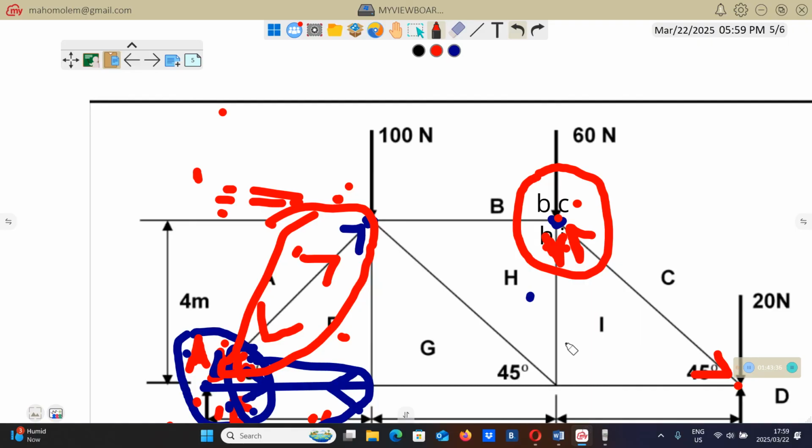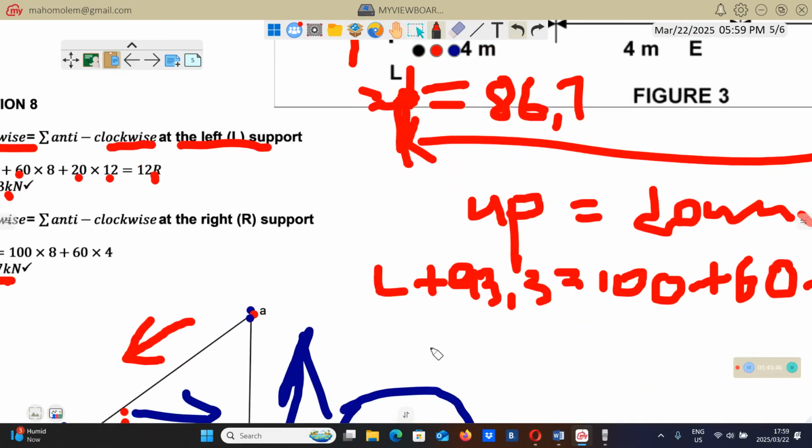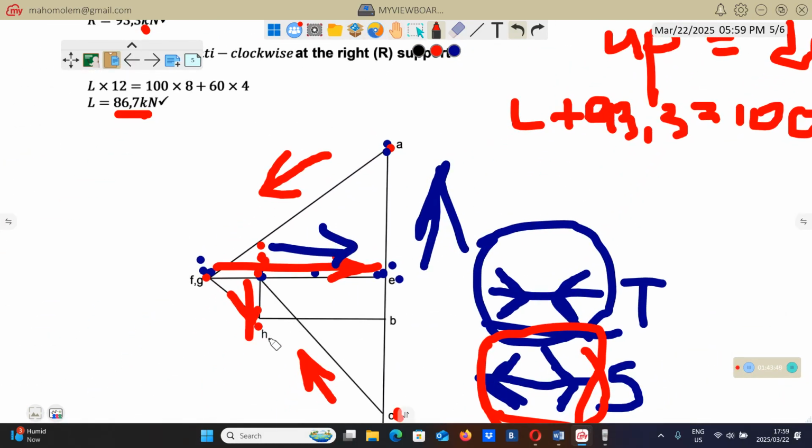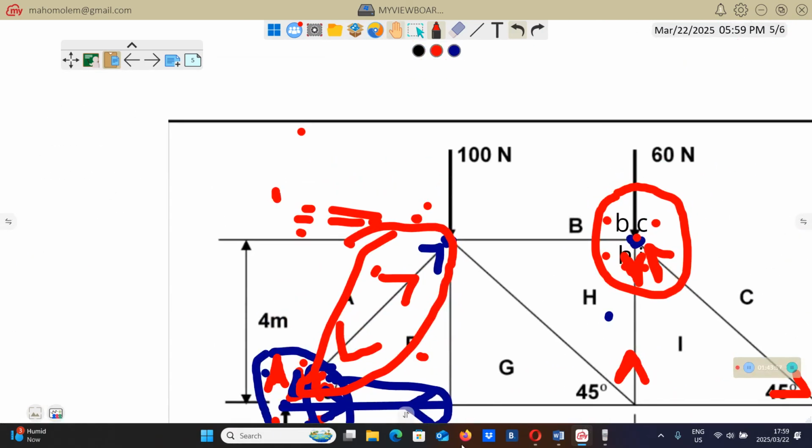So if this one is going down, this other end will go up. Then from there you come here from H to B. Check from H to B, you will be moving in this direction. Then you draw that direction. So if on one end the direction is like this, the other end direction will be opposite.